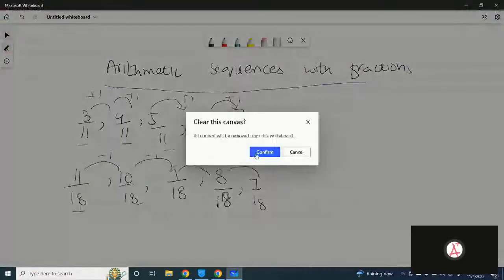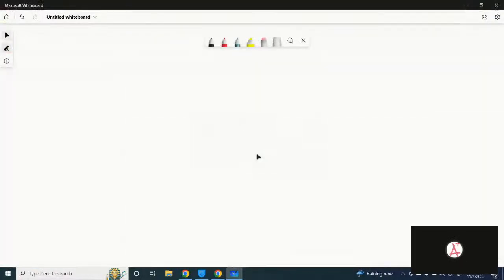Then we'll start with an example. Geometric sequences with fractions.